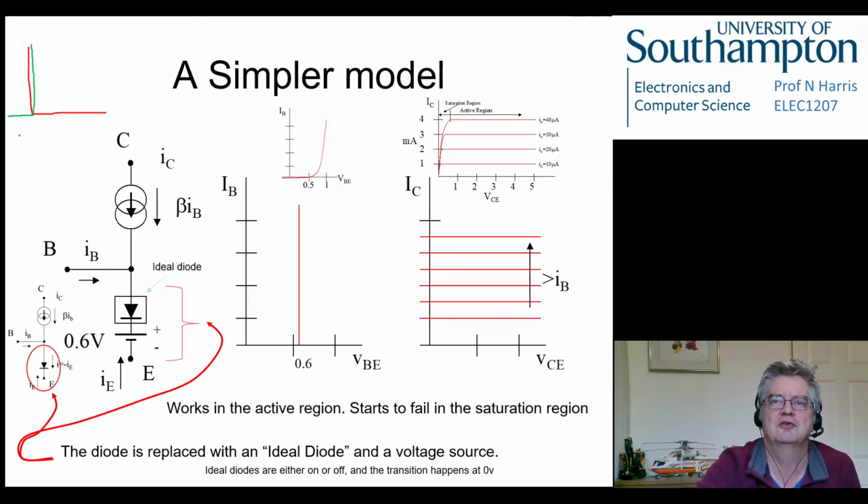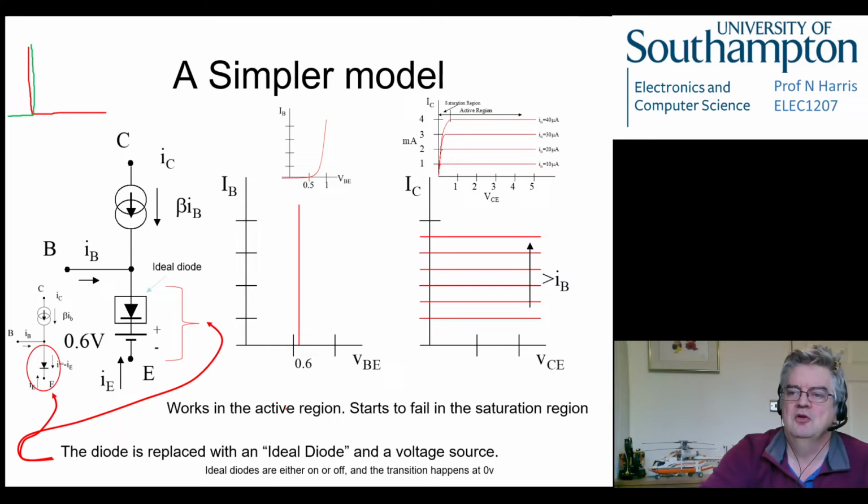So any negative voltage applied to the diode, there's no current flowing, and any positive voltage applied to the diode, it's suddenly completely on. So this is basically either a piece of wire or an open circuit, depending on which way current is trying to go through it. Let's go back to red. Okay, so that's an ideal diode.